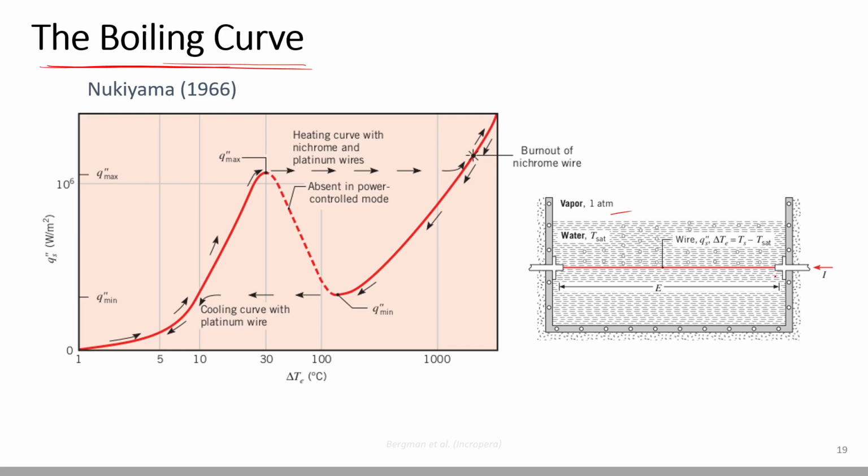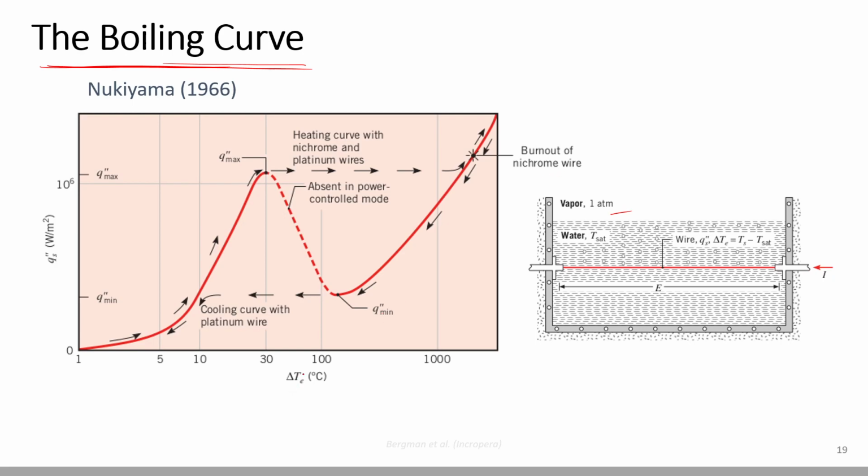The temperature of the wire was gradually increased, from 100 to 1000, and the effect on the heat transfer rate was quantified by this boiling curve.